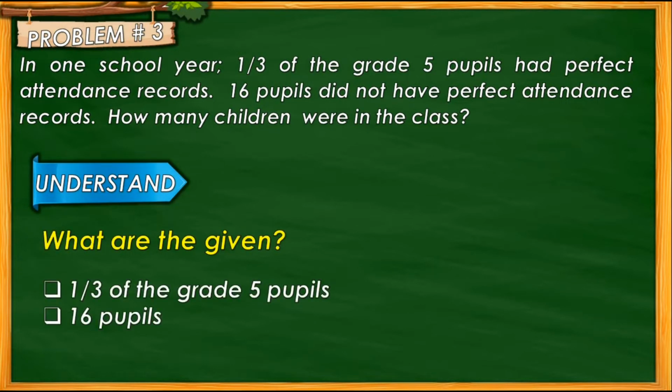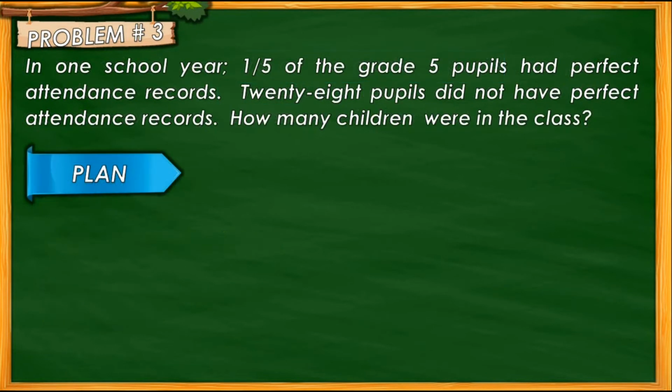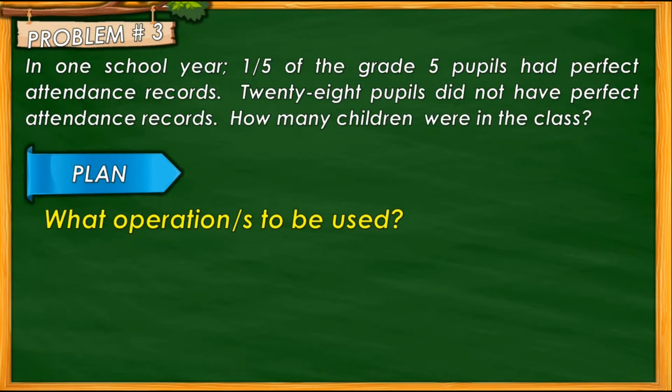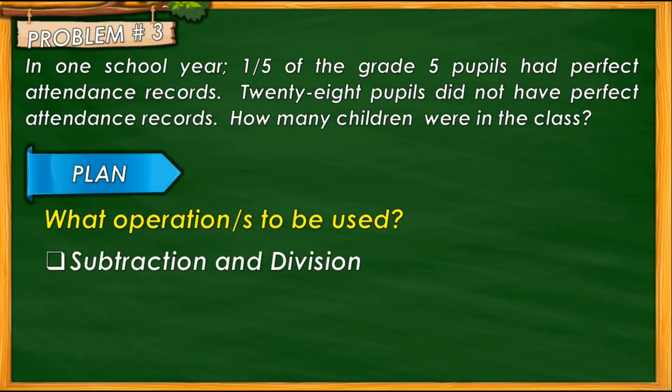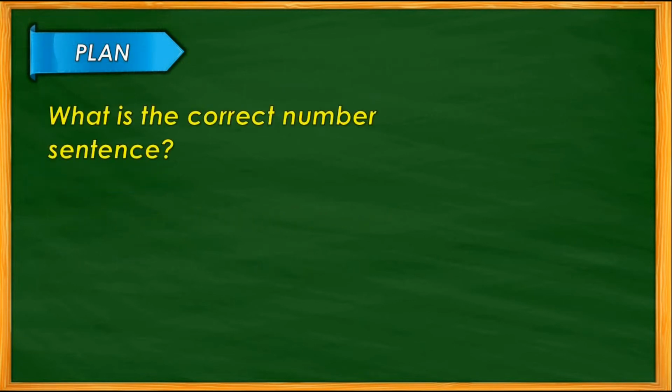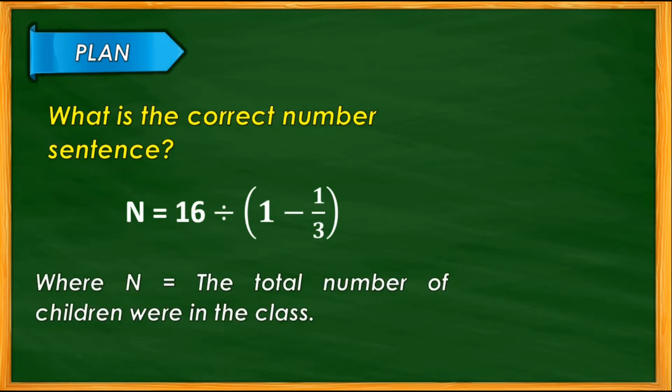The given are 1/3 of grade 5 pupils and 16 pupils. Then we plan the operation to be used: subtraction and division. The correct number sentence is n is equal to 16 divided by the quantity of 1 minus 1/3, where n is the total number of children in the class.